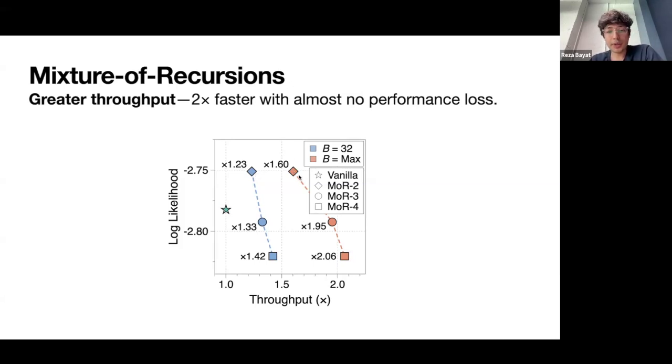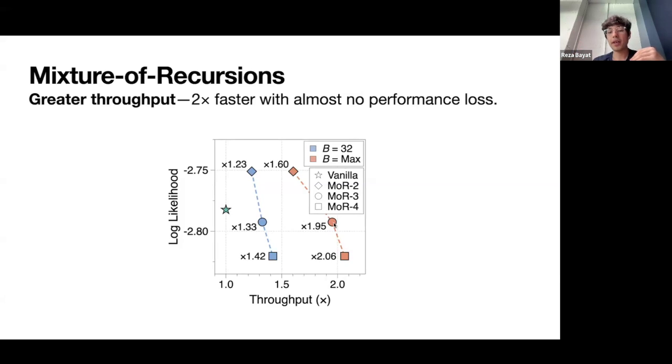Please look at the orange color. This is what we call the max batch size: because we lower the number of parameters and everything else, we can increase the batch size for MoR compared to the vanilla model.